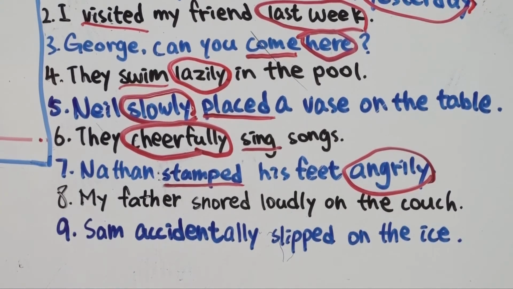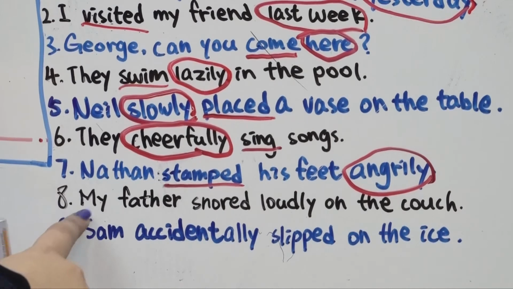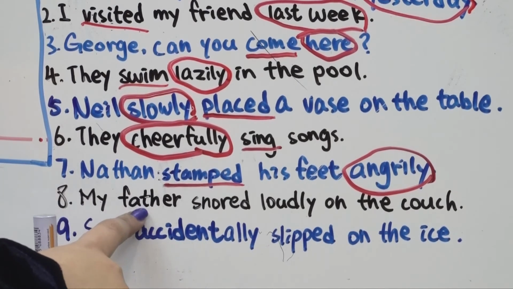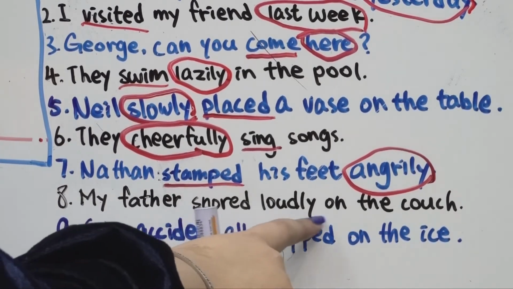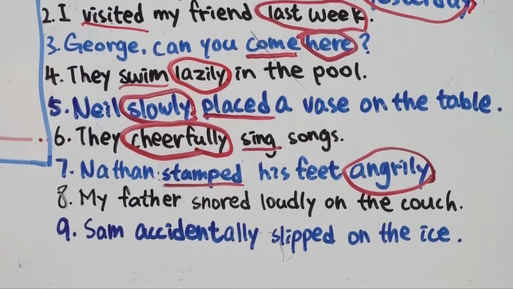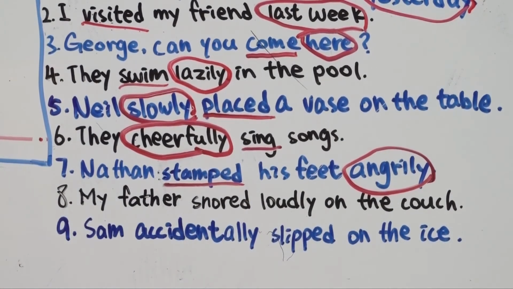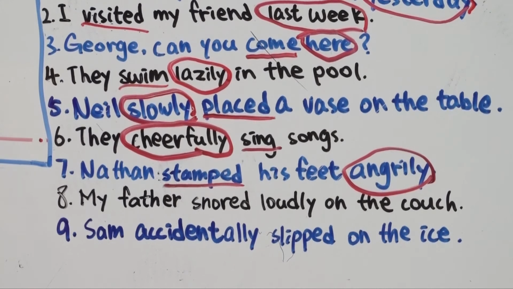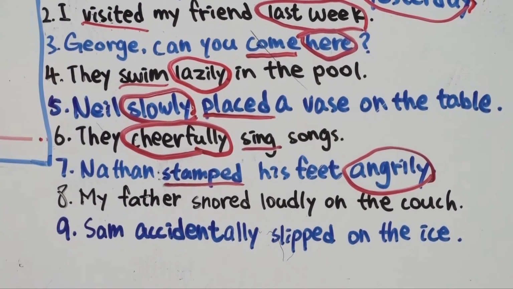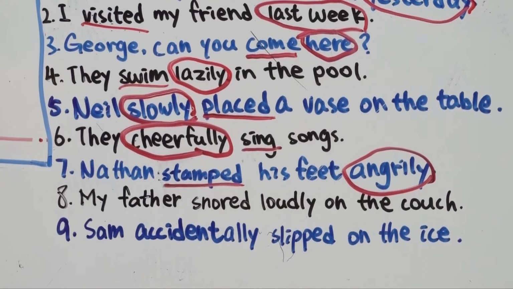Angrily. Okay? Number 8. My father snored loudly on the couch. My father is a subject. Do you know what snored is? Somebody makes some noises while they're sleeping, right? That is snore.